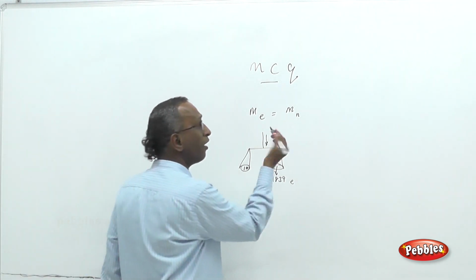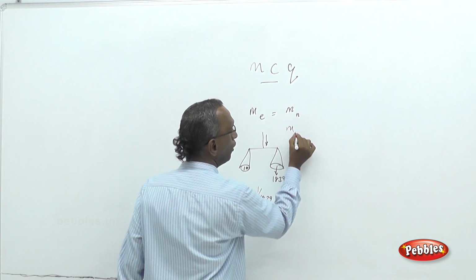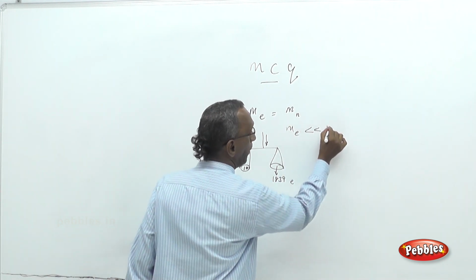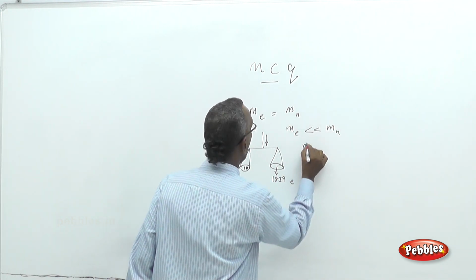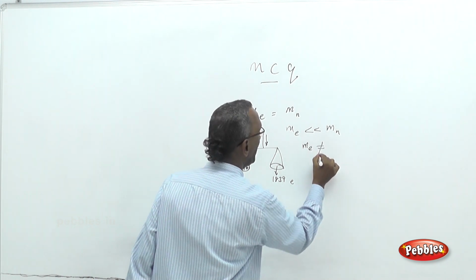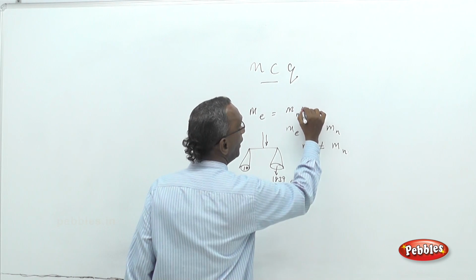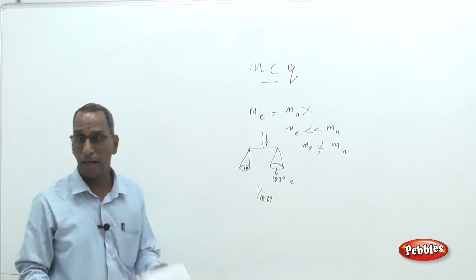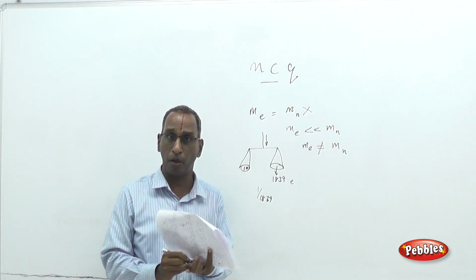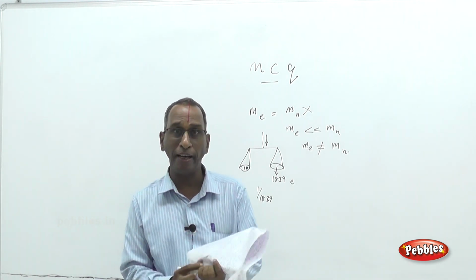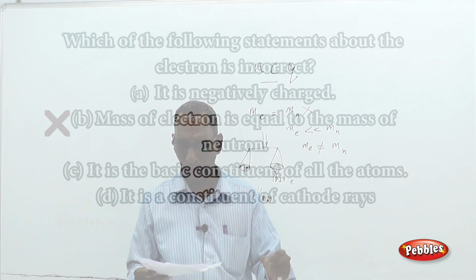That is to be noted. They are not equal. The mass of the electron is very small compared to that of the neutron. So it is the incorrect statement. Let us denote it with a cross mark. Here itself we have identified the incorrect statement.